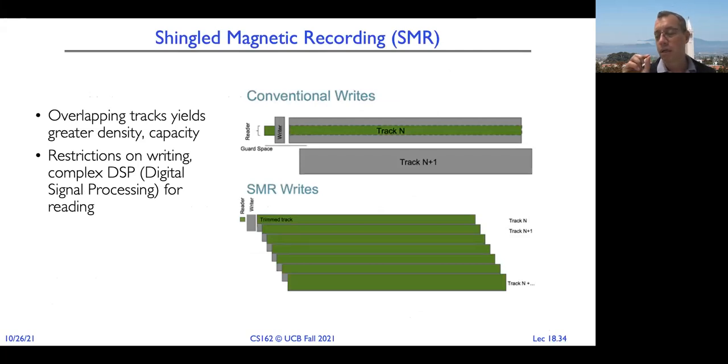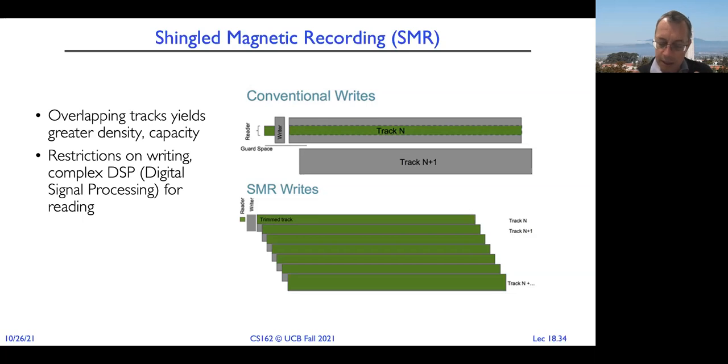One note, this is more like a footnote. There is something called shingled magnetic recording. In this case, instead of having a guard between the tracks, you remember that I told you that between tracks you have guards, so you avoid that writing a bit on a track influences the nearby tracks, right?